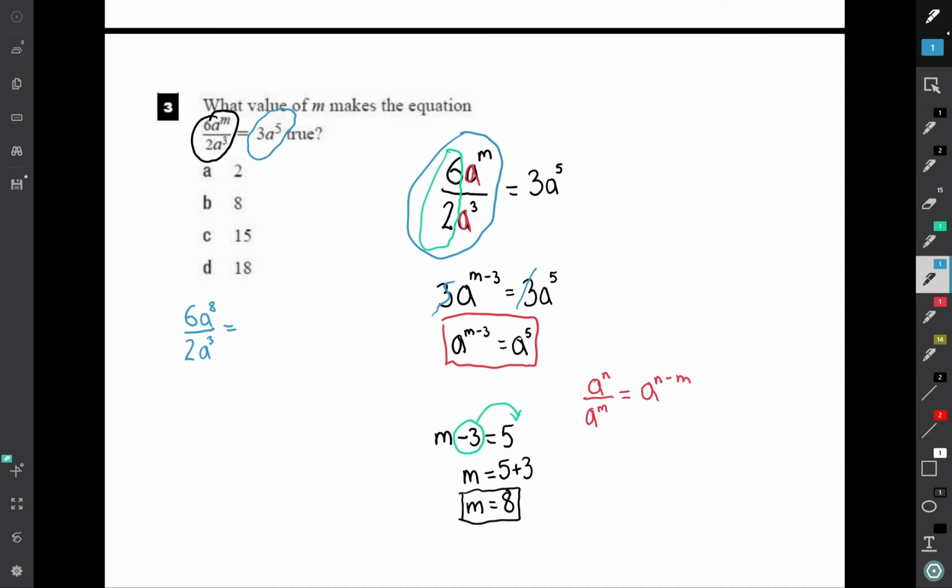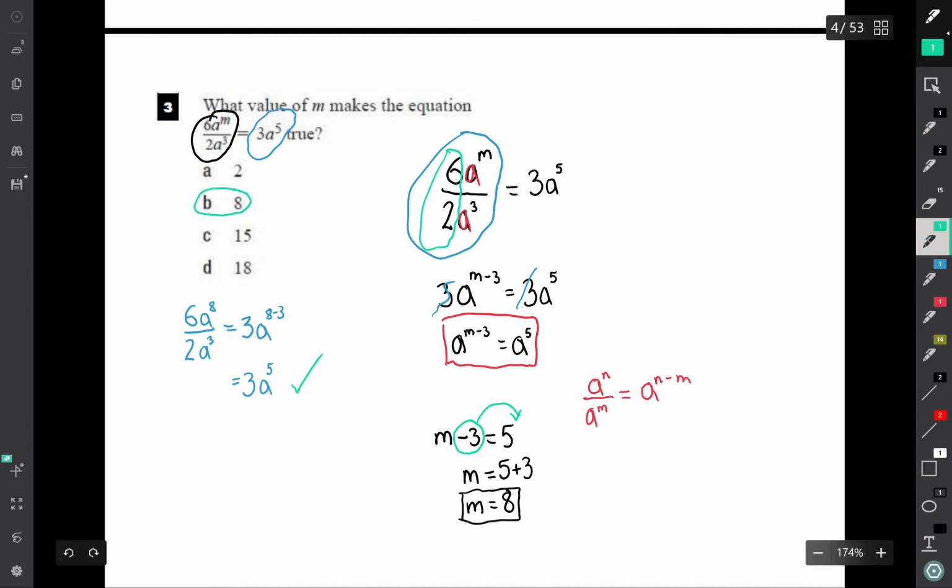Simplifying the coefficients, I get a 3, and then I get a exponent 8 minus 3, which does in fact equal 3a exponent 5. Therefore, our answer has to be correct. The value of m that makes the equation true is when m is equal to 8.